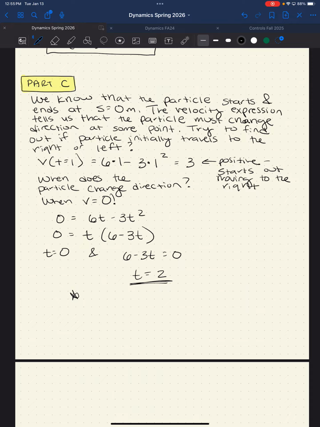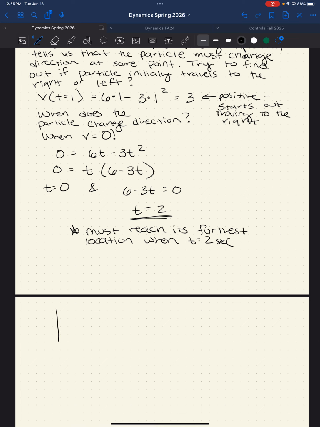All right. So we must reach its furthest location when t equals 2 seconds. So if we wanted to draw out the behavior of this particle on the s-plane, at t equals 0 and at t equals 3, we're at s equals 0.